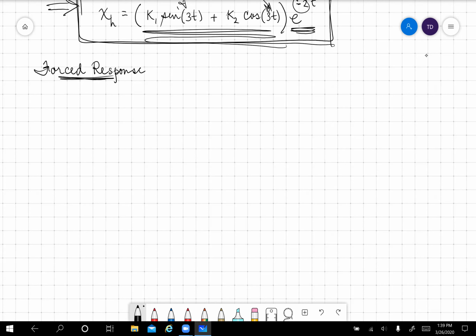But in the forced response, this is what we know. We have x double prime plus a1 x prime plus a0 x equals f of t. So f of t is our forcing function. Again, f of t is the forcing function.